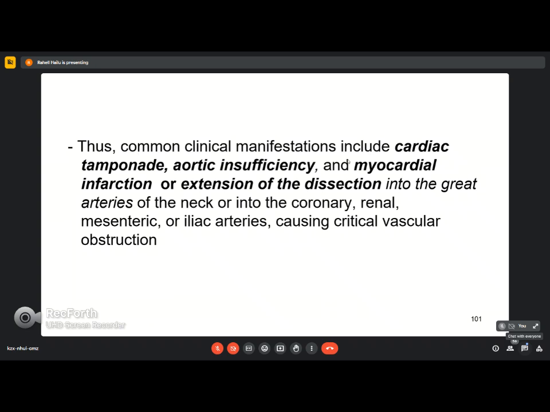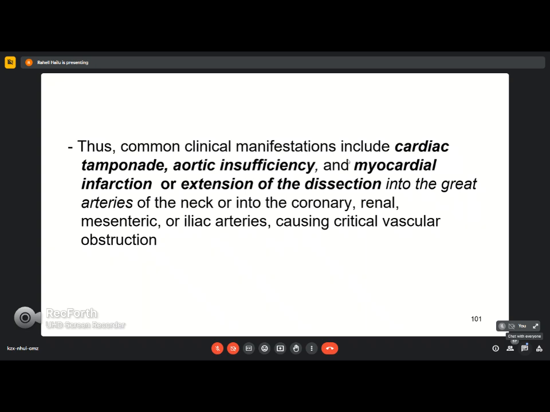You might have myocardial infarction as a result of involvement of the branching of the coronary arteries, or even as a result of suddenly reduced cardiac output due to the dissection.